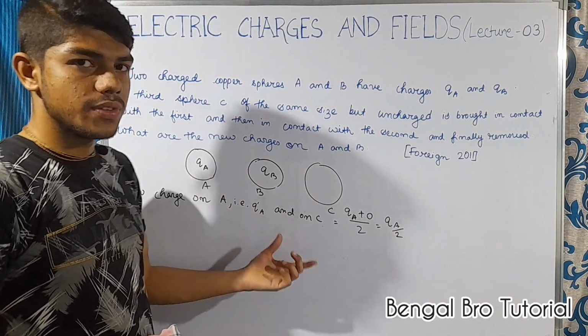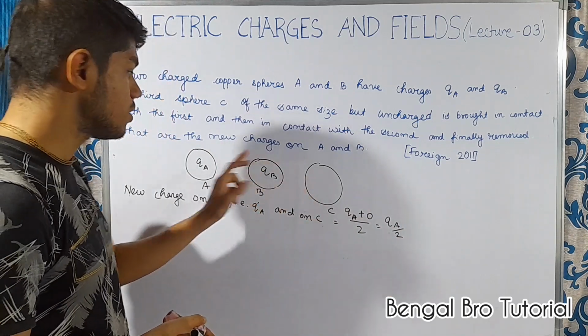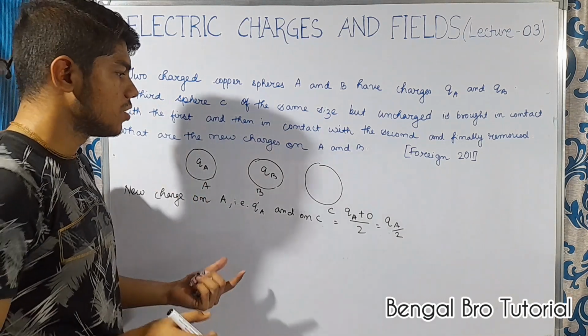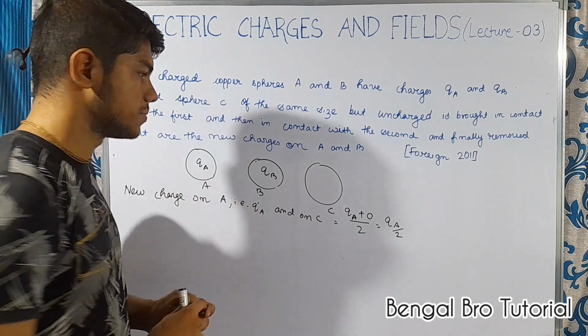Now, when sphere C, which has a charge of QA by 2, is brought in contact with B, again the total charge of sphere C and sphere B will get equally distributed.